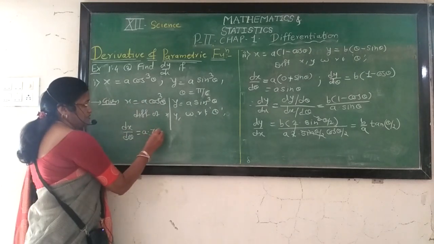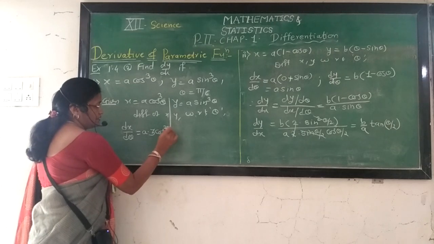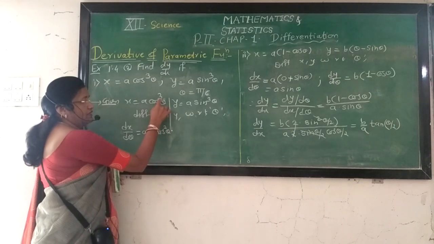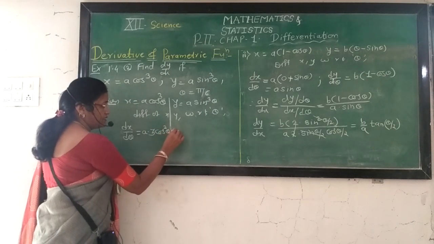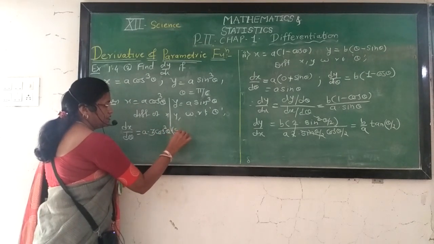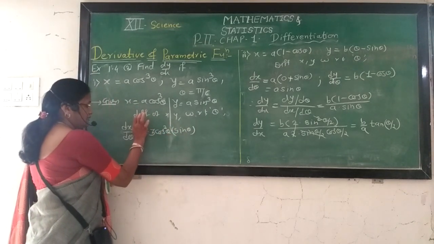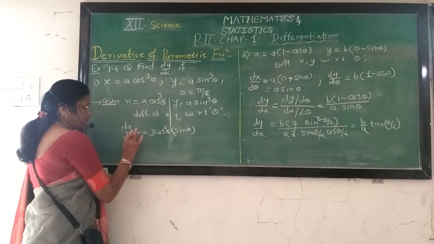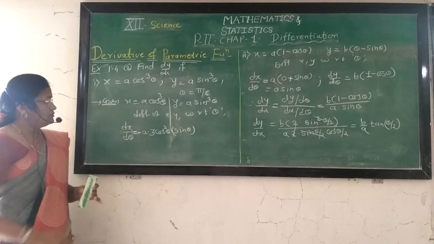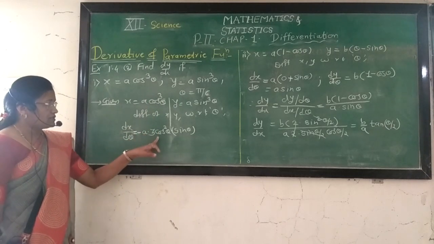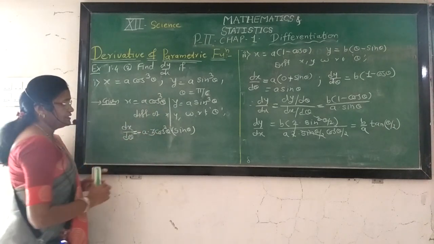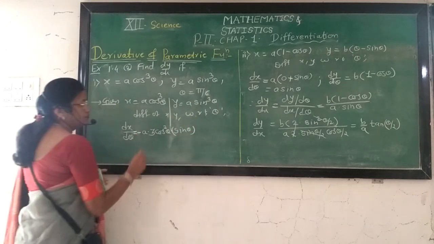That becomes 3 cos square theta, and after finding the derivative of the cubic function, we find the derivative of its base, cos theta, which is minus sin theta. So we keep the sign here. The derivative of a cos cube theta is minus 3a cos square theta into sin theta.